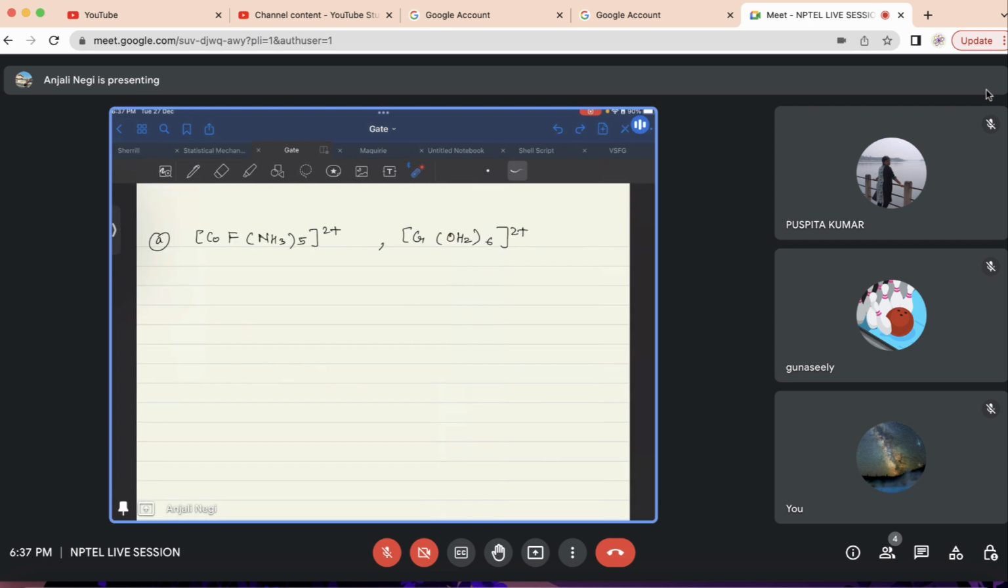Okay, now the problem that we have in our hand. The first option was cobalt ammonia, chromium OH2. So this is not a bridging ligand. Ammonia is also not a bridging ligand. Fluorine can act as a bridging ligand, but it's very difficult for it to act.